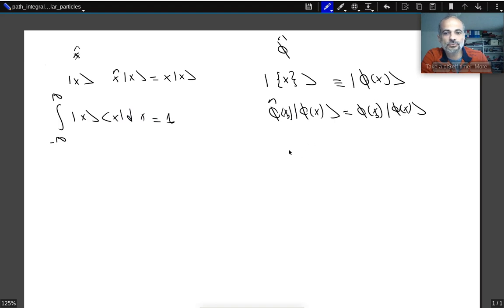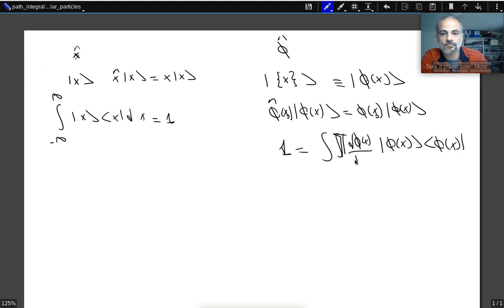So the resolution of identity in this case will be phi of x, but now we have to integrate over all these values of phi of x at every point x. So this is our new resolution of identity.